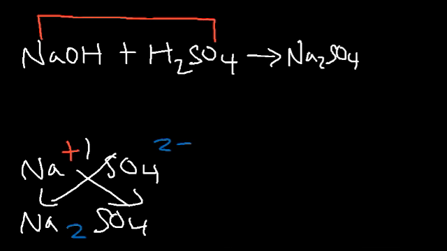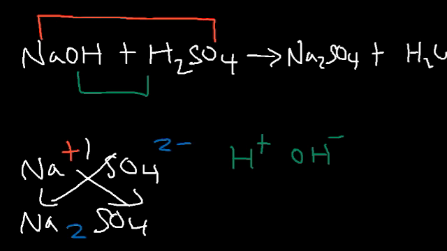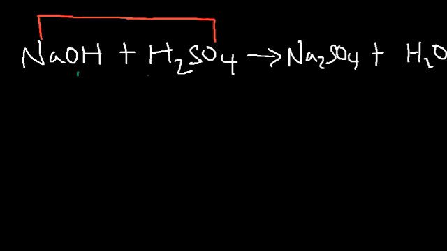To find the other product, whenever you pair H with OH, these two will just create water. This is something that you should just know or commit to memory. So now we have a reaction, but we got to balance it. Notice that we have 2 sodium atoms on the right side, so we got to put a 2 in front of NaOH.